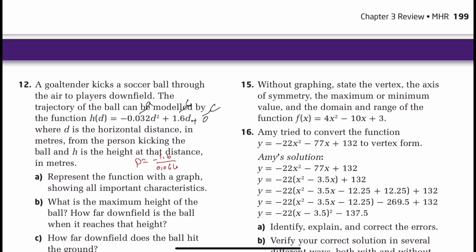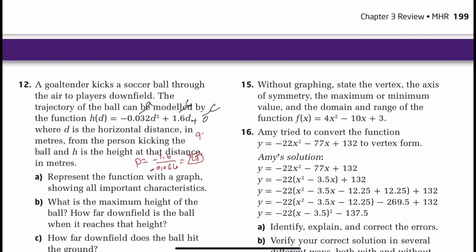Okay, so the vertex will be, yeah, it will be minus here. So this is 25. So P is 25, and for your Q, same thing, you apply the equation.